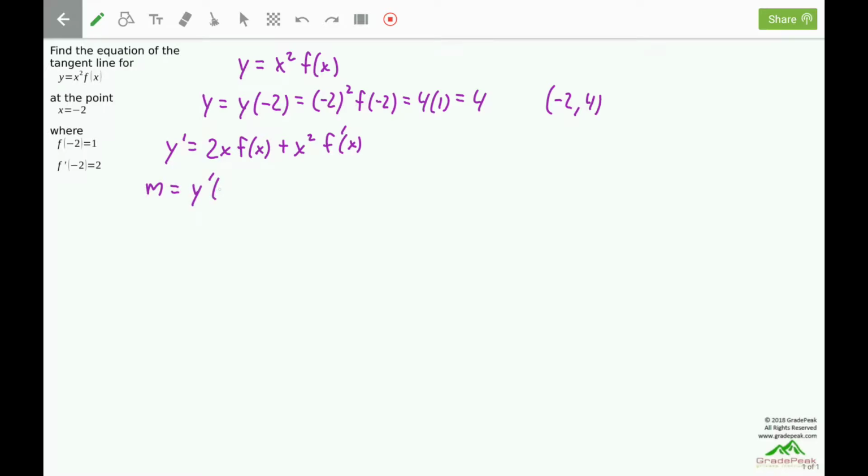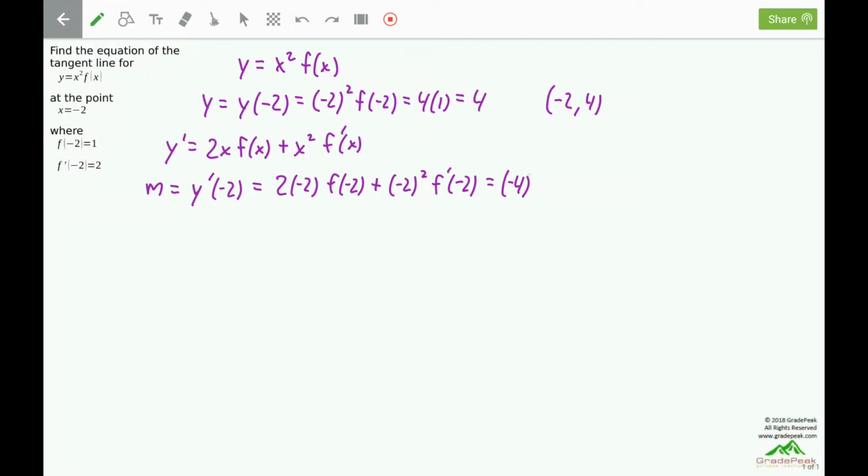The slope is found by plugging the x coordinate into this derivative. So y prime of -2. If we plug that in, we will have 2 times -2 times f of -2 plus -2 squared times f prime of -2. Now 2 times -2 is -4. f of -2 is right here.